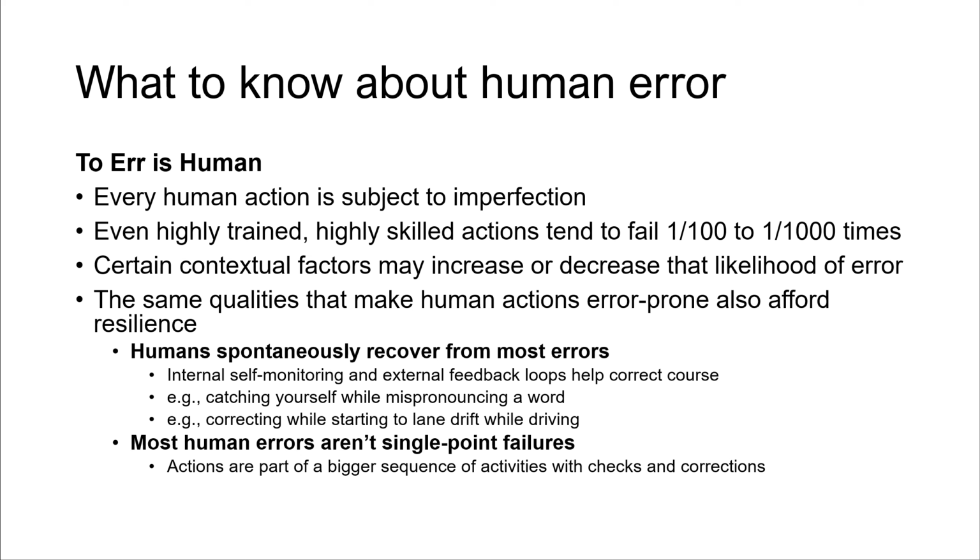So examples like catching yourself while mispronouncing a word or correcting while starting to lane drift. Also, most human errors are not single point failures. Actions are part of a bigger sequence of activities with checks, corrections within a context or a system, and that all needs to be noted and monitored as we design.